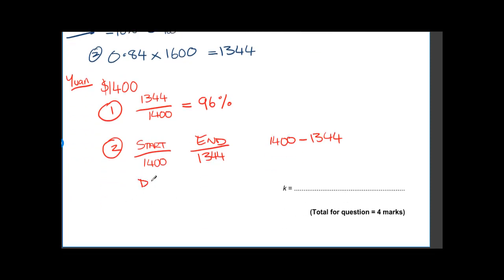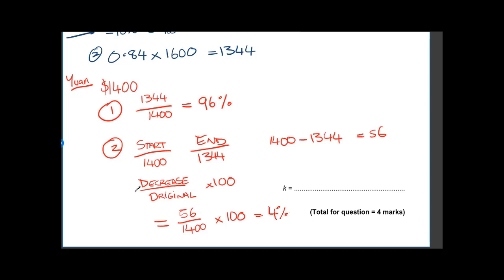So we're going to do decrease divided by the original, times 100. So that's going to be 56, 14, and that'll give you 4%.